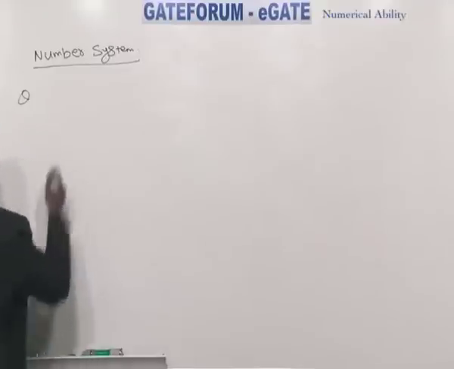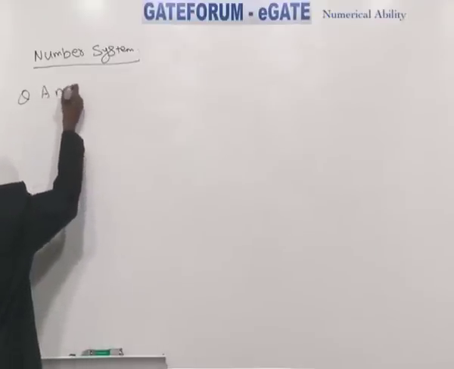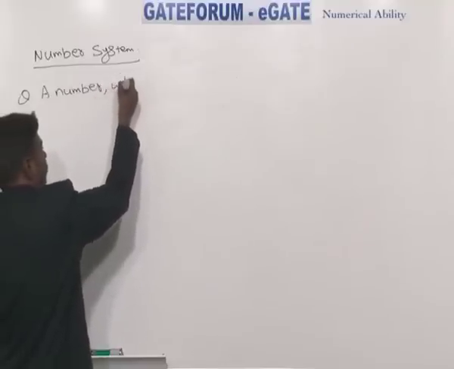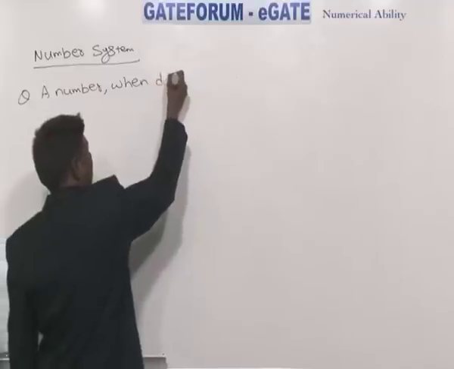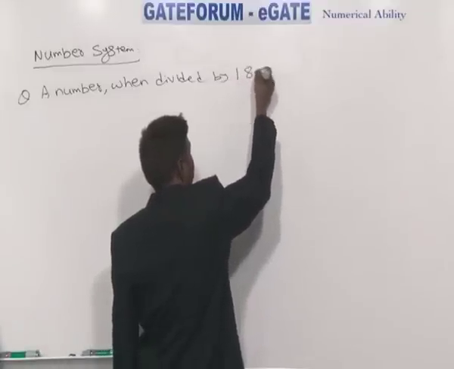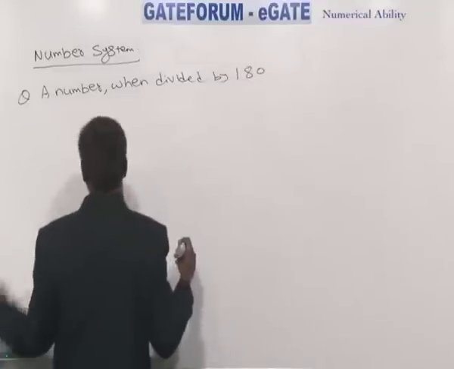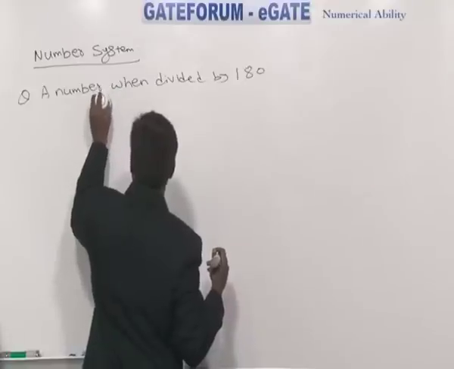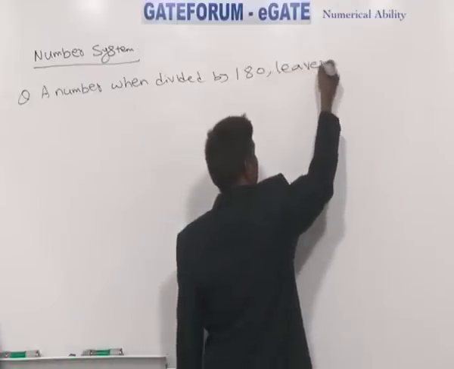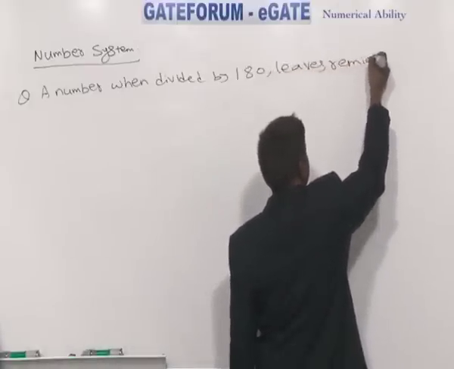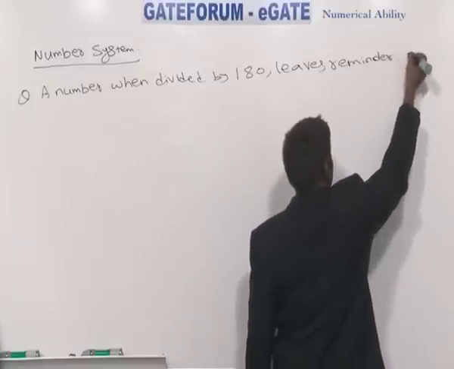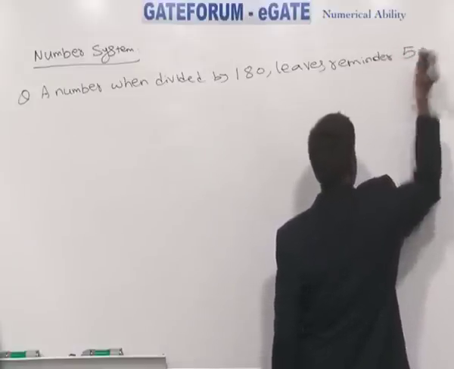Okay. A number when divided by 180 leaves remainder 50.